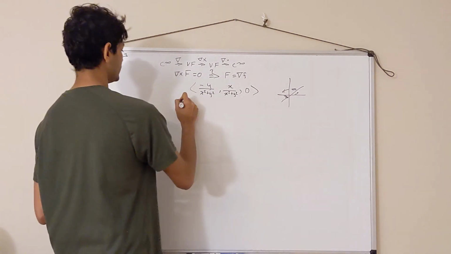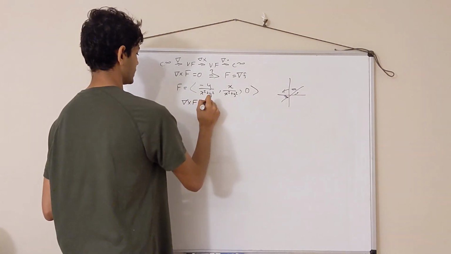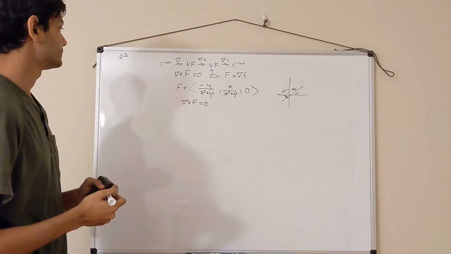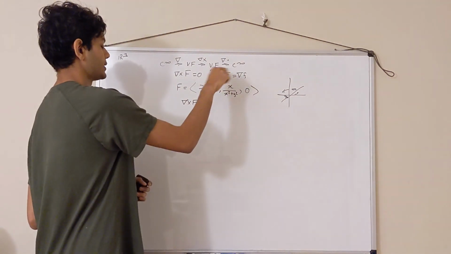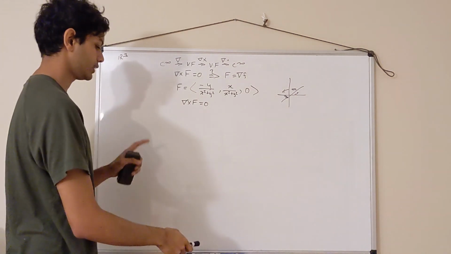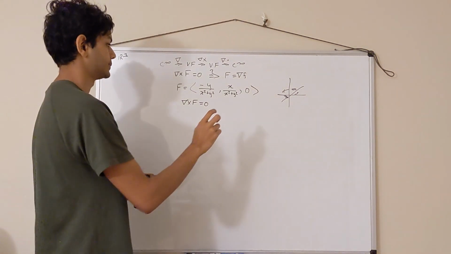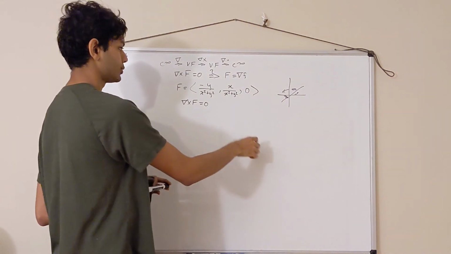So the curl of, if we call this vector field F, the curl of F is going to be equal to 0 because the curl in the z direction is going to be just the curl of the two-dimensional part of these first two, which we verified was 0 from earlier. And the components of the curl in the x and y direction will have some sort of component of the value of the z component and the derivatives with respect to z.